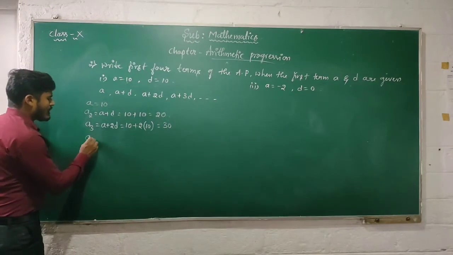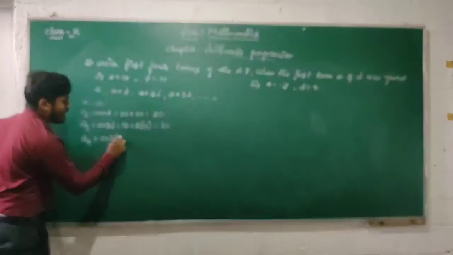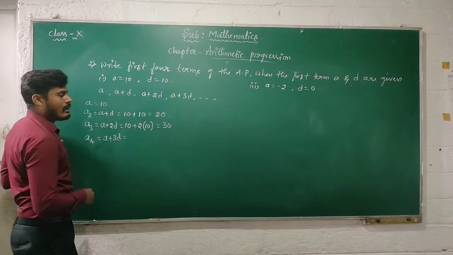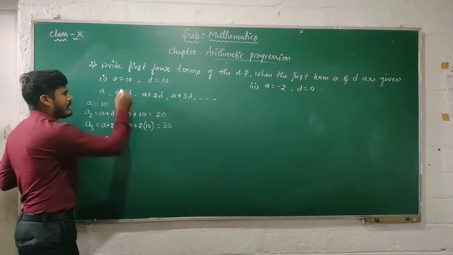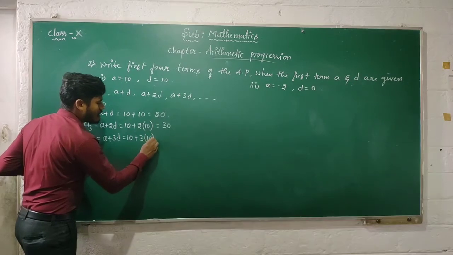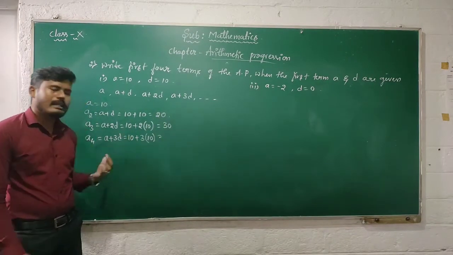Then coming to the fourth term, A4 is equal to A plus 3D. These are the general forms of the given terms of an AP. So A is 10 plus 3 of D, which is also 10. So 3 tens are 30, 10 plus 30 is 40.